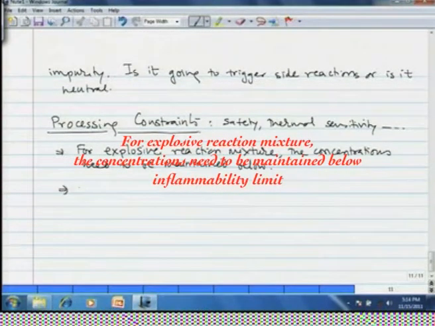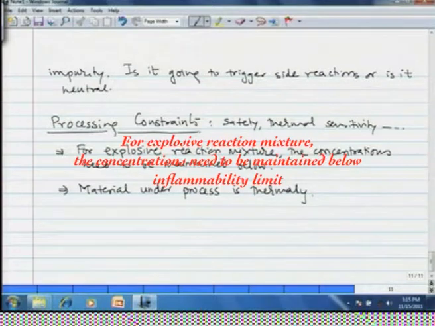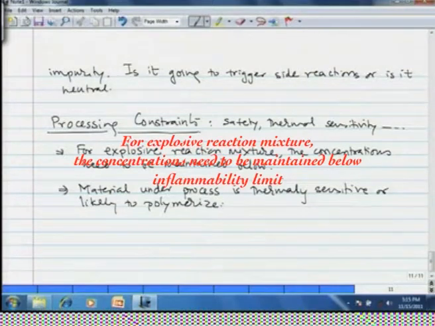If the material that is under process, either the reactant or the product, is thermally sensitive or is likely to polymerize, we need to restrict our processing conditions.